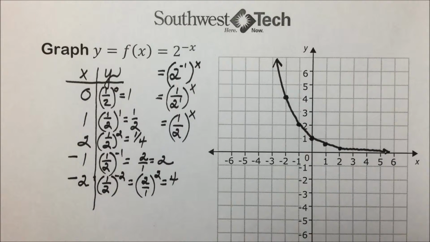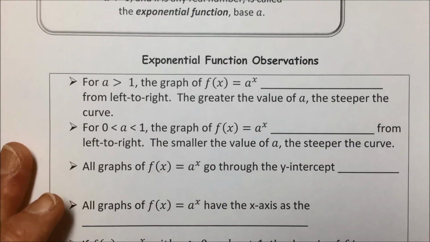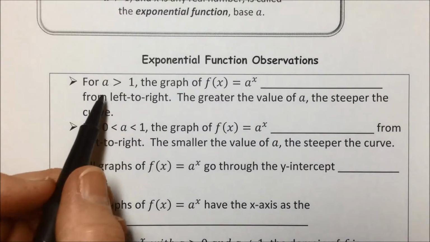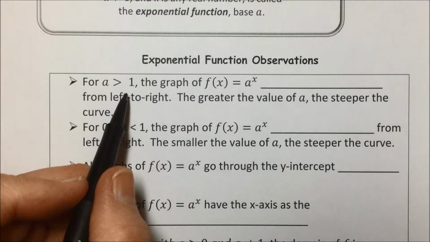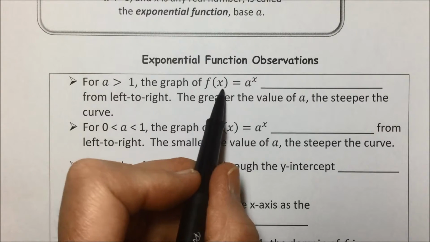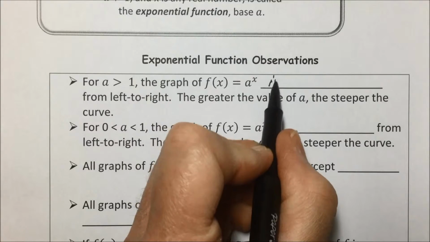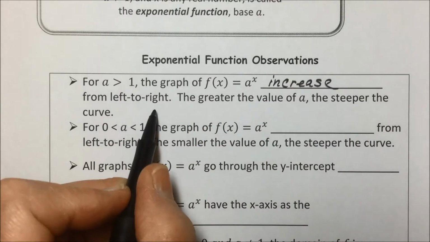So let's take a look and see if we can come up with some general observations for exponential functions after looking at those two different graphs. For a greater than 1, the graph of f of x equals a to the x will increase from left to right.